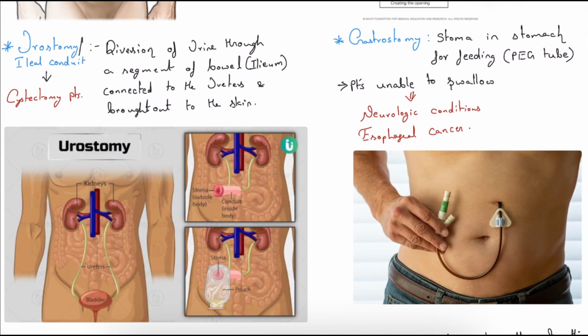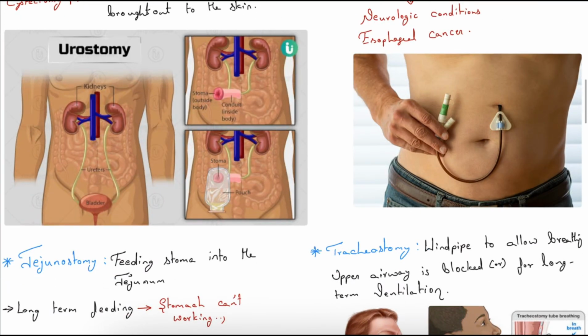Next, urostomy. Urostomy is seen mostly in ileal conduit or cystectomy patients. It is diversion of urine through a segment of bowel, ileum, connected to the ureters and brought out to the skin. So we see urinary diversion, most commonly the ileal conduit, used after cystectomy.